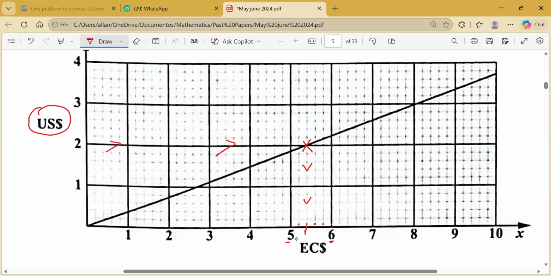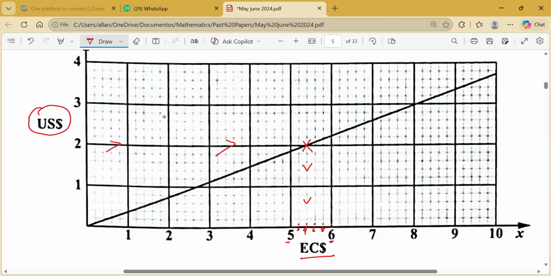You cannot say 5.1 because you'll only end up with 5.5. Instead, you need to say 5.2 or 20 cents, 5.4, 5.6, 5.8, and then 10. So this falls at 5.4 EC dollars.